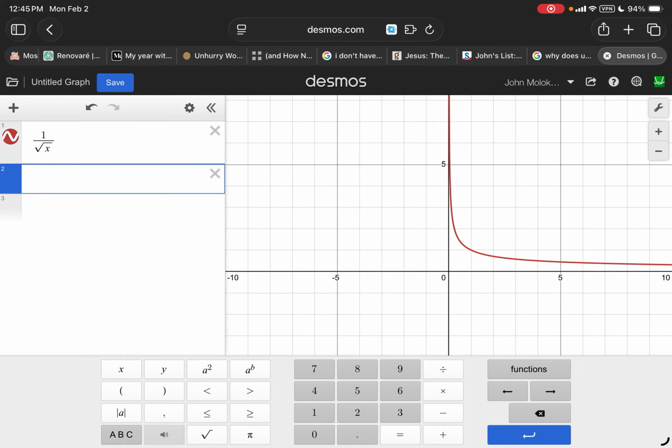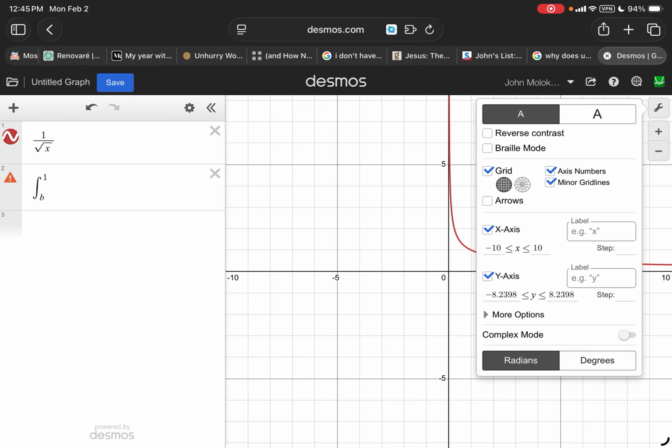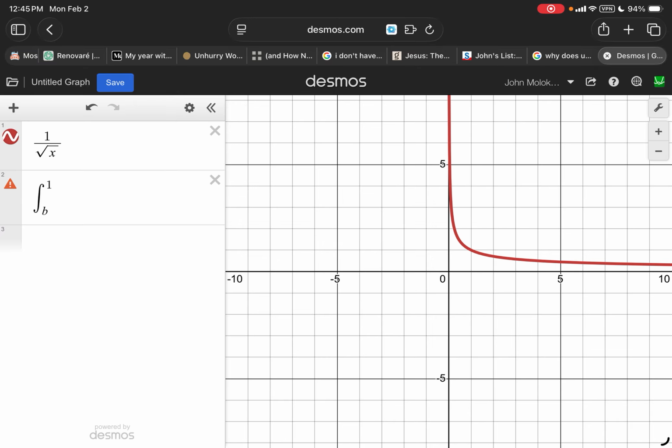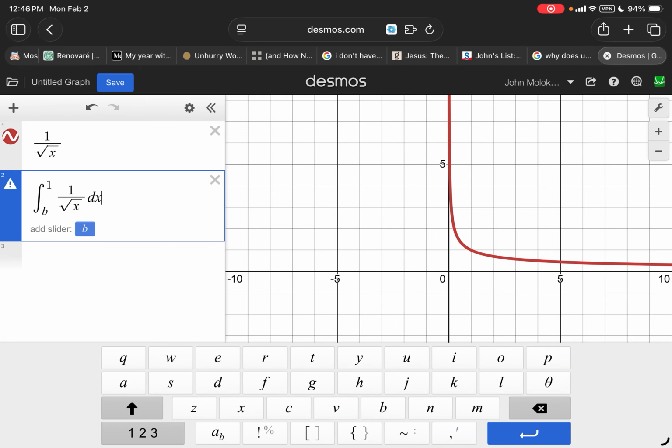And I can even do an integral, right? INT is the integral. And I'm going to put a b down there, and I'm going to put a 1 on the top. Let me make this a little bigger for you guys to see. Of that function. And I have to put my dx there, right?